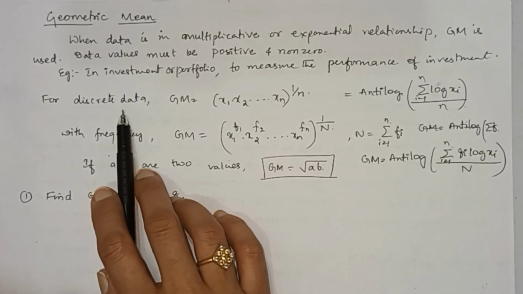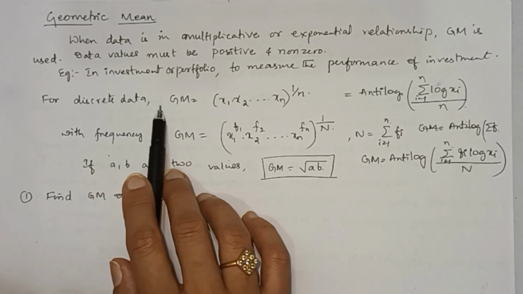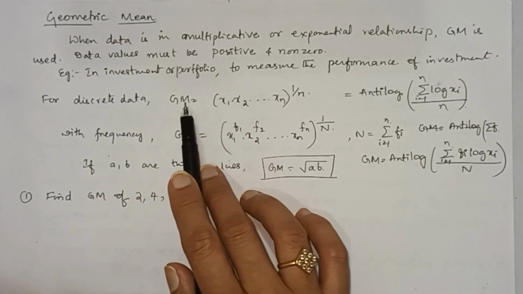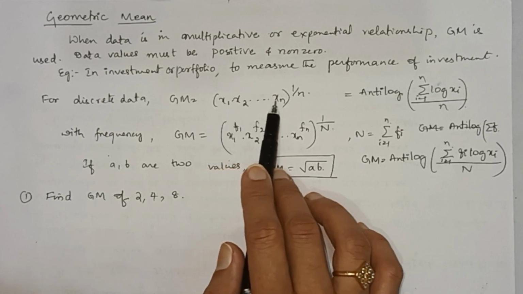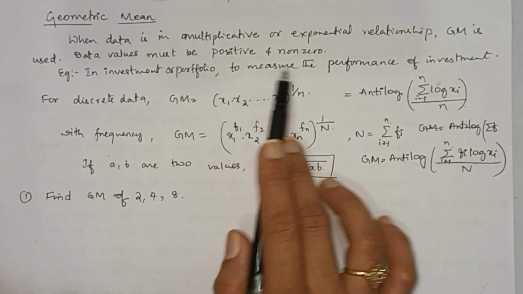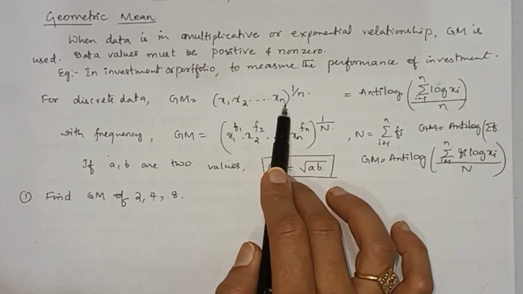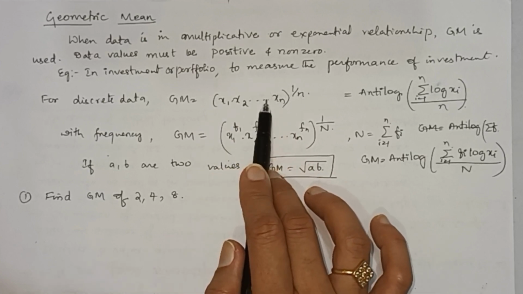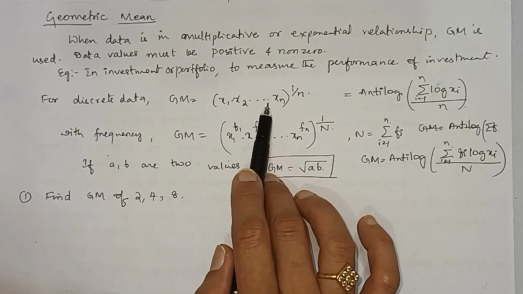Now, how to calculate the geometric mean? For discrete data without frequencies, the geometric mean is the product of the observations to the power 1 by n, that is the nth root of the product of observations. Instead of the sum of observations, here we use the product of observations.